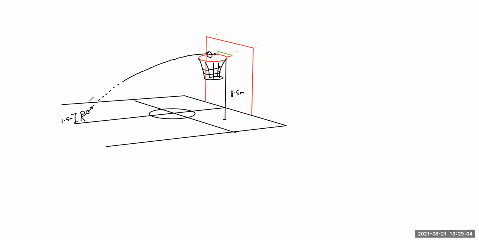So with what velocity must you throw? They're asking v naught. And it is given that the distance between the man and the basket, let's call it, 20 meter is okay.